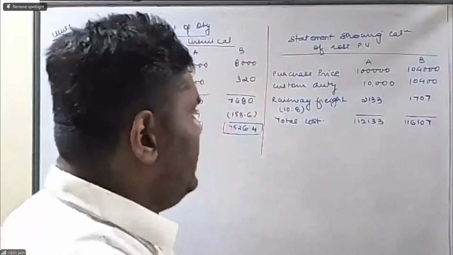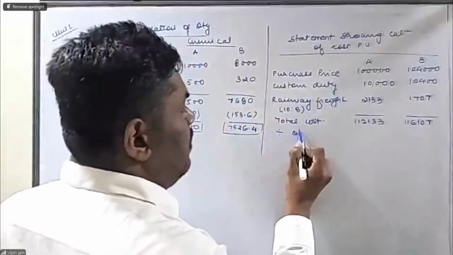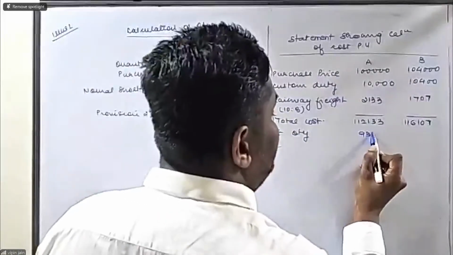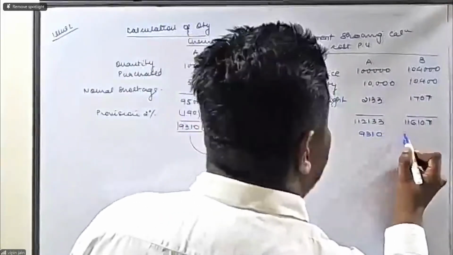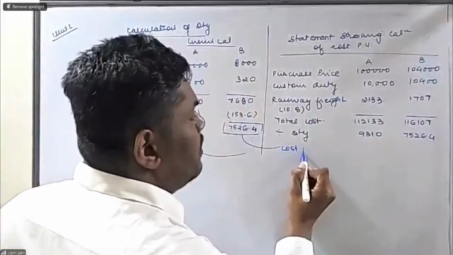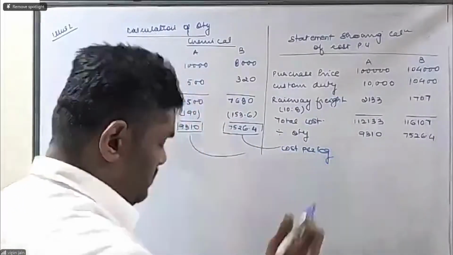If we divide it by the quantity, as calculated, that is 9,310 and 7,526.4, we will get the cost per kg.